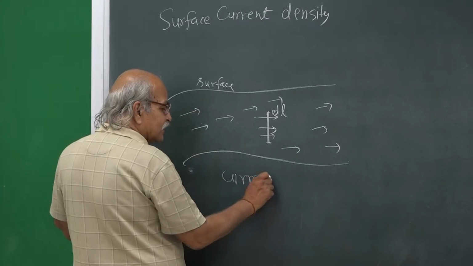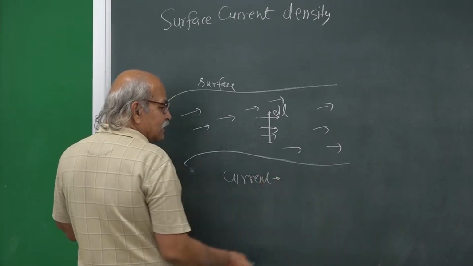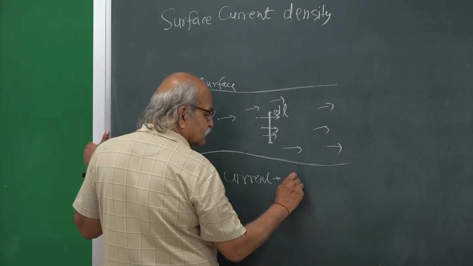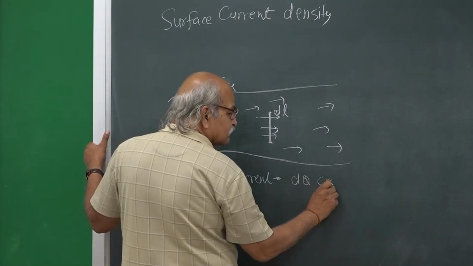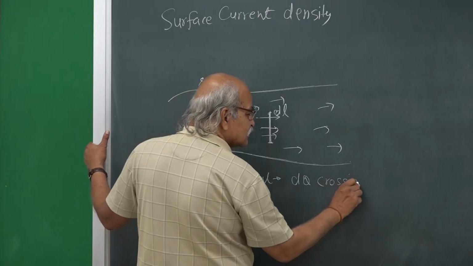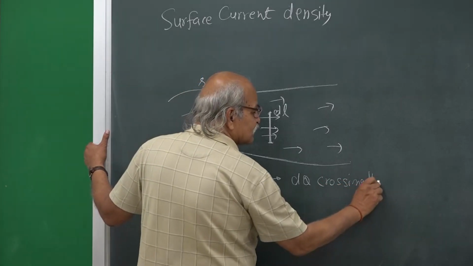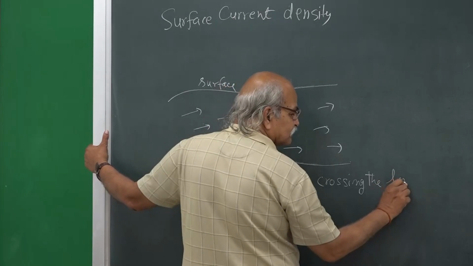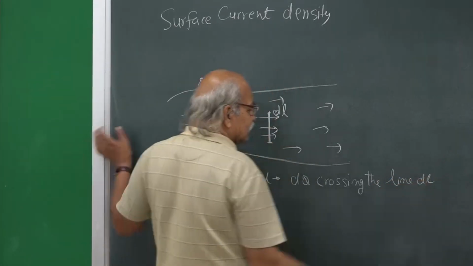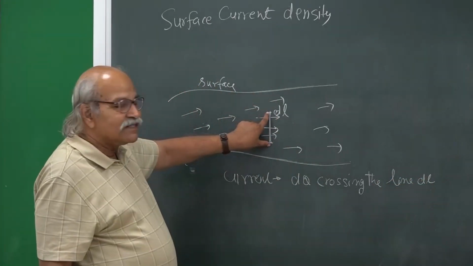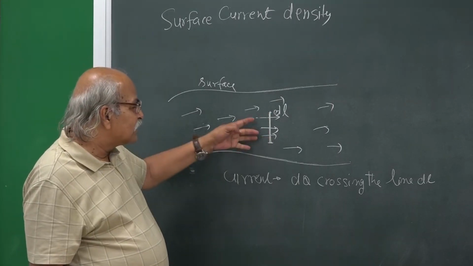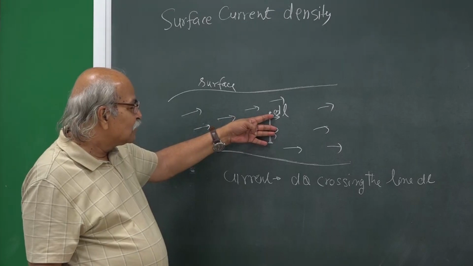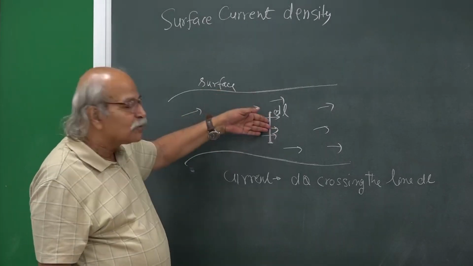You define the current by asking the charge dq crossing what? Crossing the line dl. There is a line of length dl on this surface, and I have drawn it perpendicular to the direction of motion of those charges at that location.